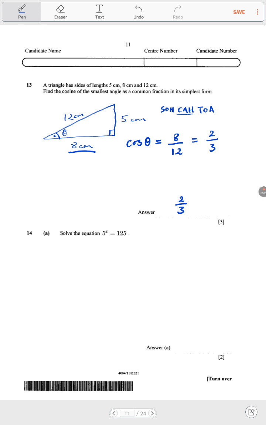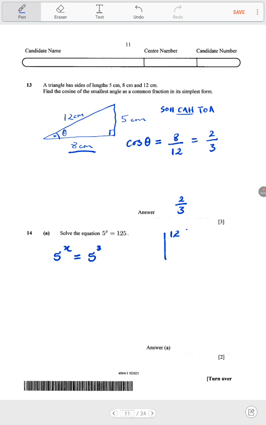We move on to number 14. 14a says solve the equation 5 to the power x is equal to 125. So if 5 to the power x is equal to 125, and 125 is equal to 5 to the power 3, you can just do it like this.